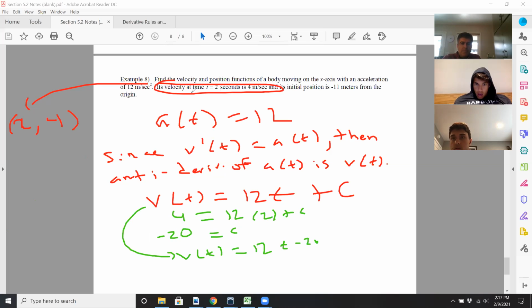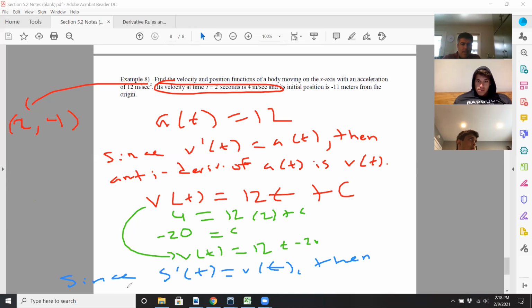Now, since position, which I'll call s prime of t, equals v of t, we know this, then the antiderivative of v of t is s of t.